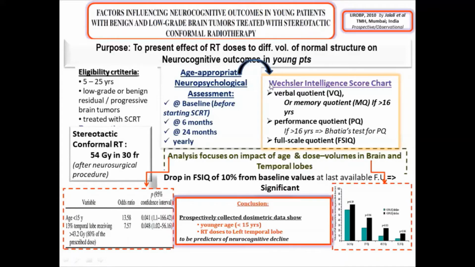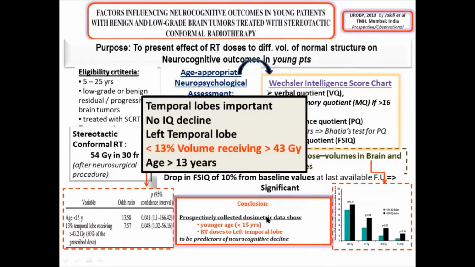The assessment was done by age-appropriate neuropsychological assessment and Wechsler intelligence scale, and it concluded that younger age, less than 15 years, and RT doses to the left temporal lobe are predictors of neurocognitive decline. So temporal lobes are important.